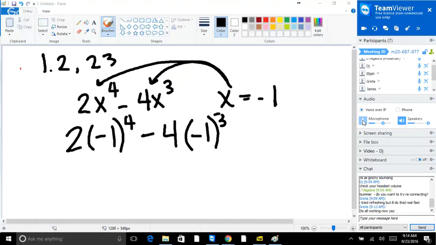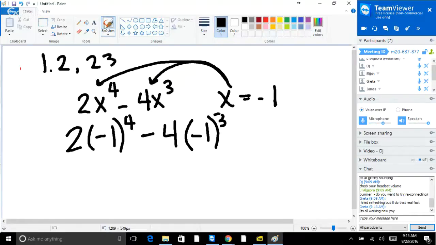Okay, so we substituted, right? Now we have to do order of operations. We don't have parentheses to do anything in, so the first thing we have to do is exponents. We're going to do -1 to the 4th power, which is a negative times a negative times a negative times a negative, a positive.